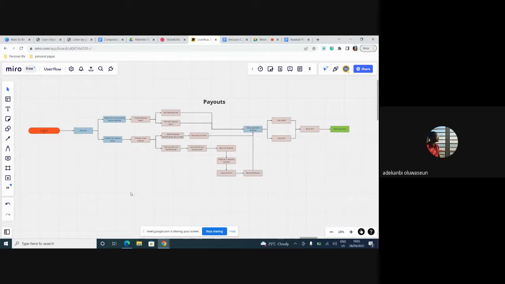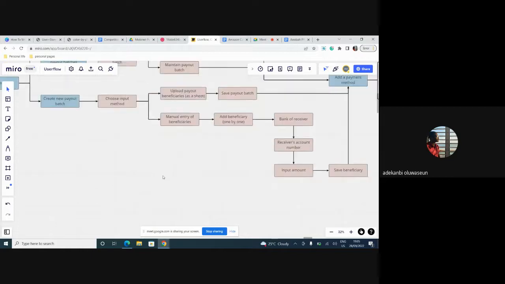Based on the things I taught you about happy path, unhappy path, and alternative path. So the user story itself is a task in itself because you're writing everything from the user types to the acceptance criteria to the story, then the user flow, because you're looking at a feature. So this payout is a feature, and everything here is under the payout feature, right?